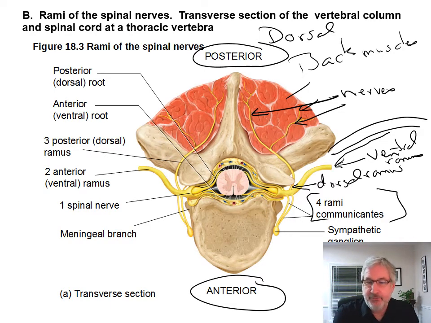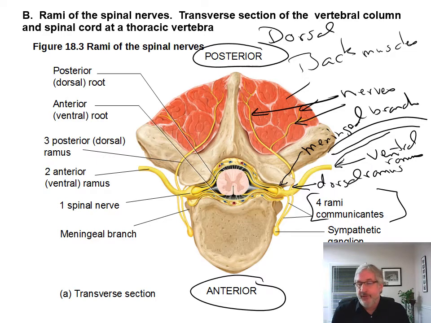And then you have this bulge here, that bulging part there, and that is your dorsal root ganglion. Then if you can see right there, there's another branch, and that's a meningeal branch. So there's your meningeal branch of the spinal nerve.